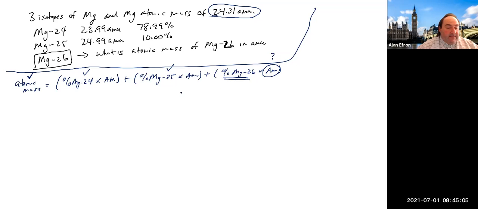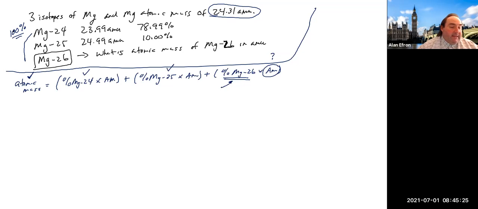Now, out of those two things that we don't have, one thing that we can get to is the percentage of magnesium 26, using the assumption that these are all the naturally occurring isotopes, which means when we add up their percentages, it should equal 100%.